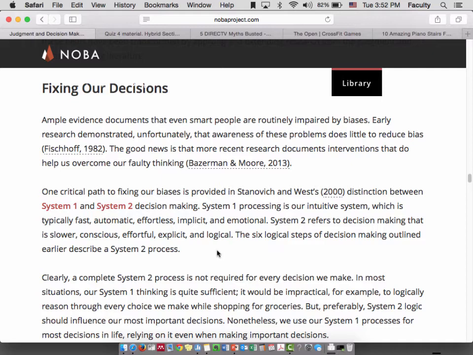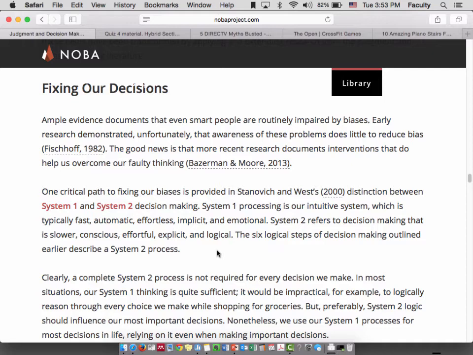Okay. So the way to think about it is that we have two basic methods or two basic paths that we use when we have to make decisions. Think of it as a fast system and a slow system. I don't know why they just ended up numbering these. I wish they came up with more meaningful terms, but System 1 is the fast one, System 2 is the slow one. If you see in the textbook here, System 1 processing is our intuitive system, fast, automatic.